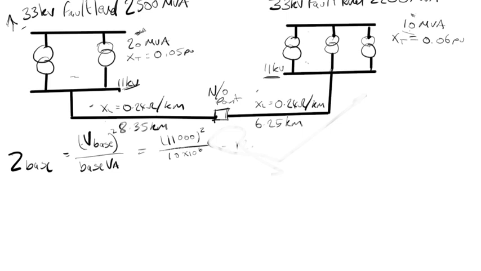So what we'll do next is calculate the total reactance of both the lines. So basically you'll have the total length of the line, so L, which equals 8.35 plus 6.25, which is 14.6 kilometers.